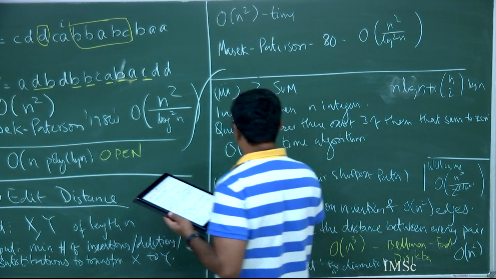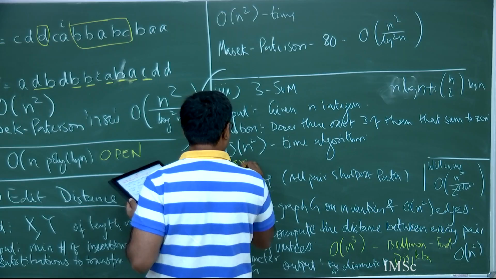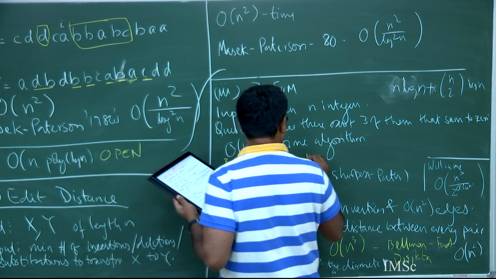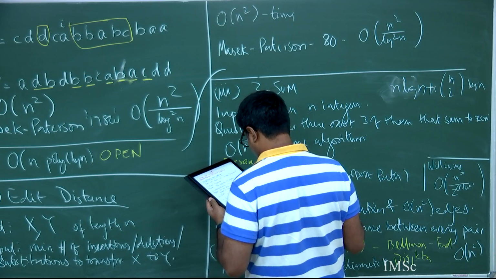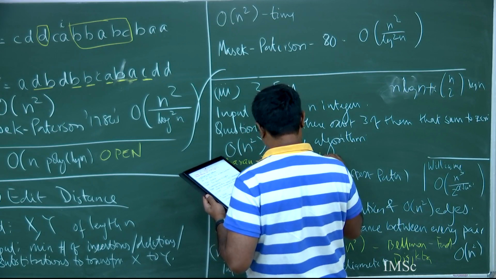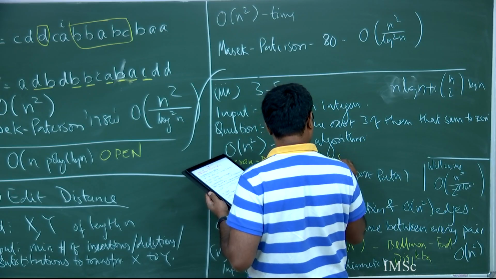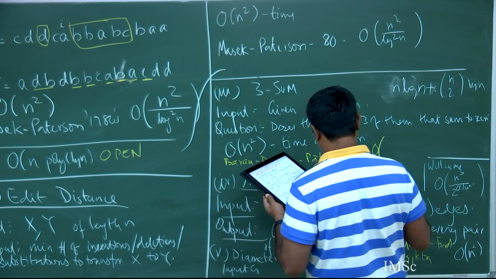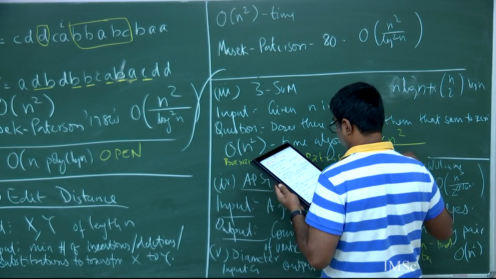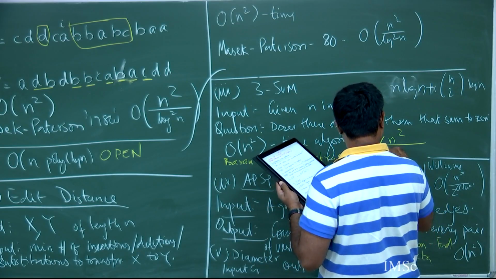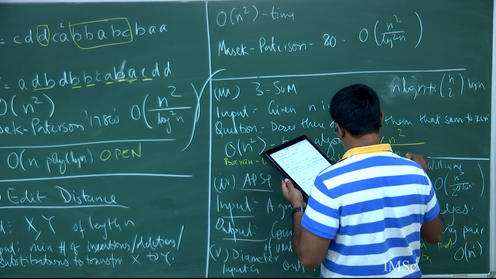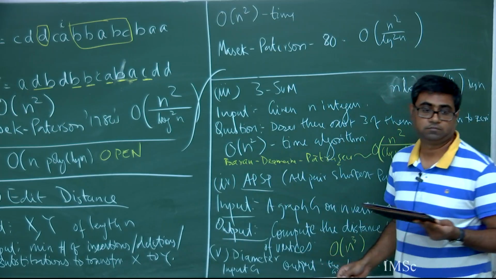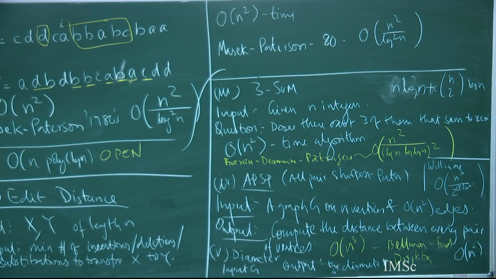So there is an algorithm by Baran, Demaine, and Patrascu. And the algorithm's running time is actually quite cute. It's n squared divided by (log n by log log n) whole square.